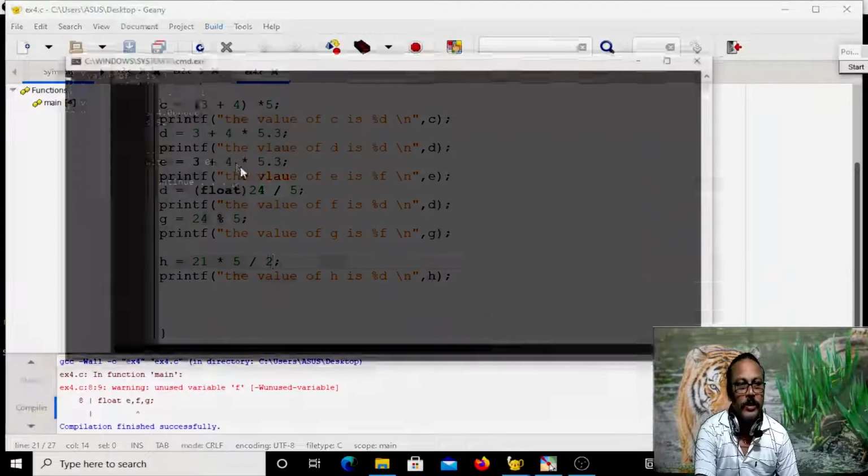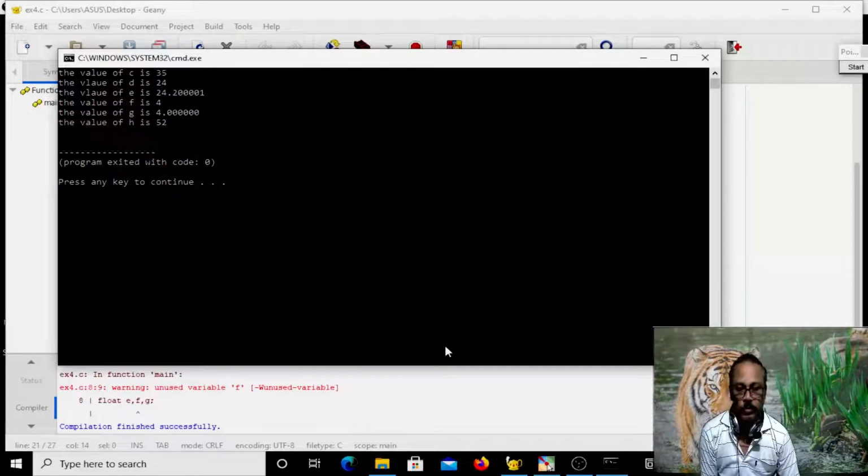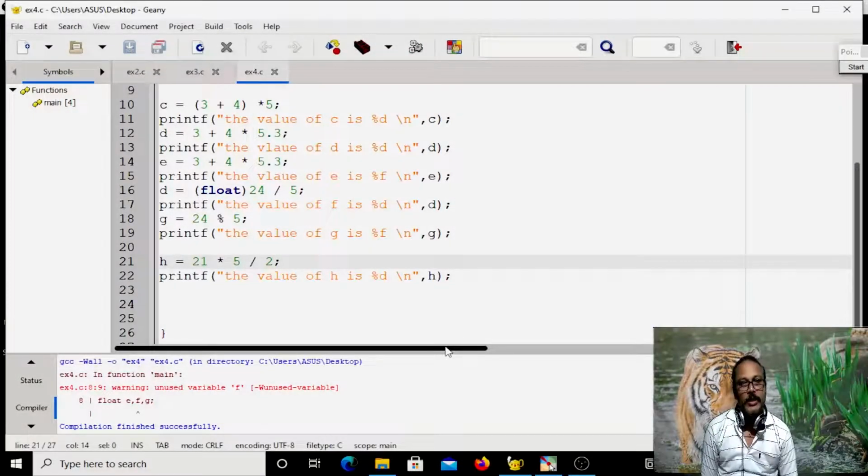Now what is the answer? 52. So that is left to right associativity, right to left associativity, etc. Here we are not using right to left associativity, but we try to override it.